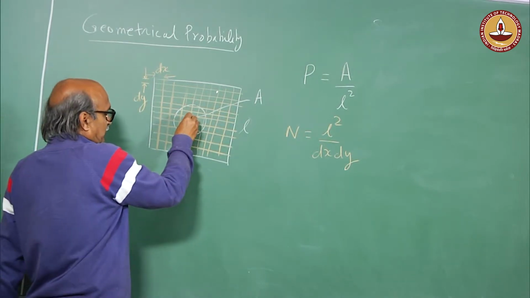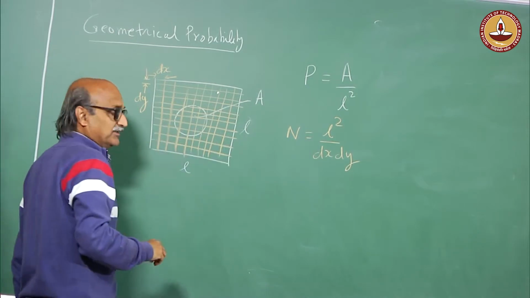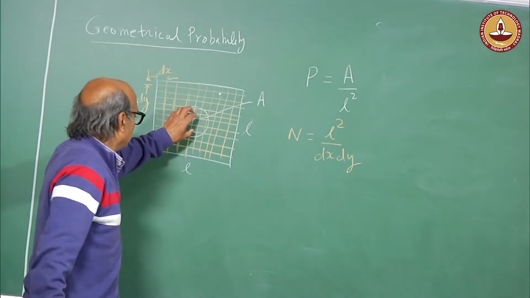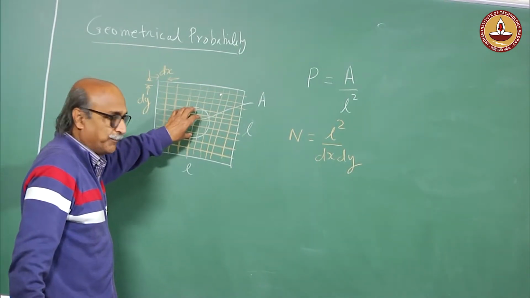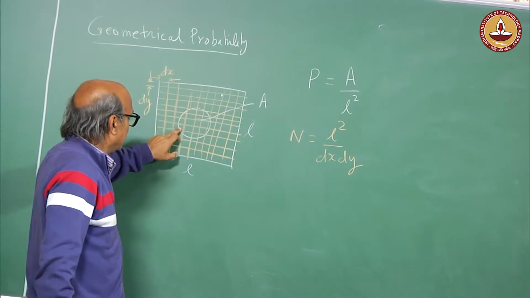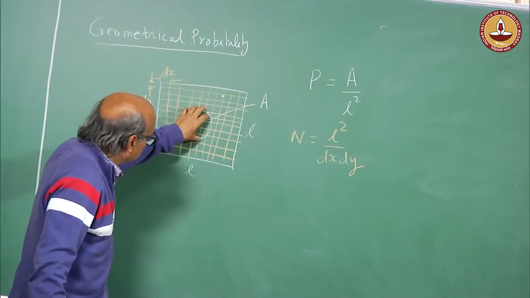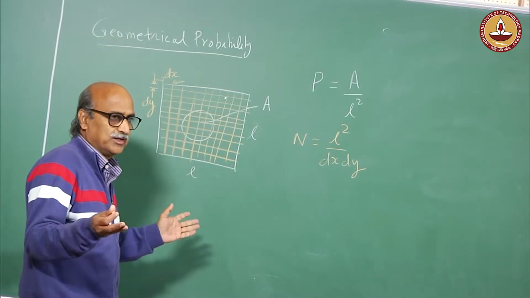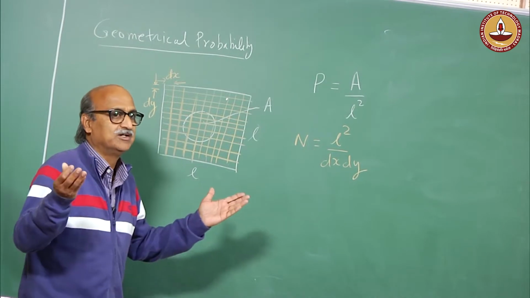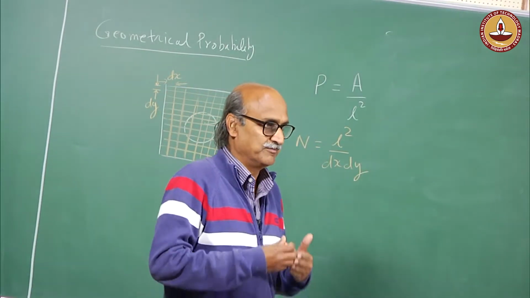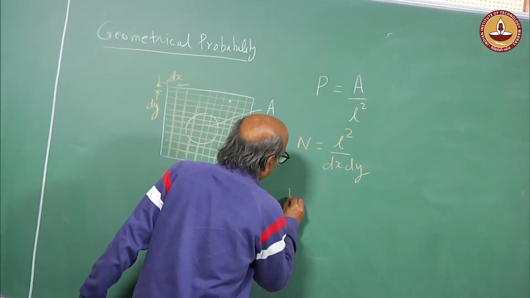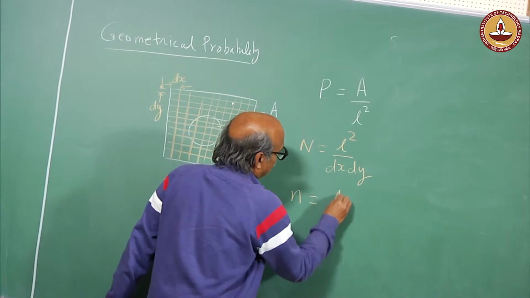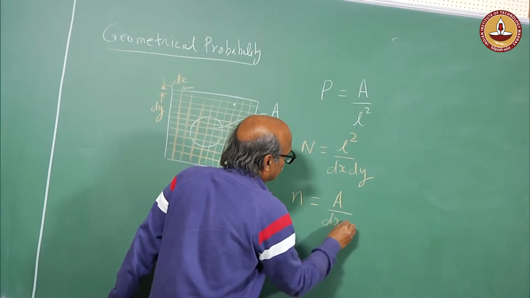If a point falls in an element which is inside this area A, then that point falls inside that area A. So, all the elements which are part of this object of area A, how many such elements are there? Because all those elements would be the favorable outcomes if a point falls in them. So, total number of such elements is the area of the object divided by area of each element.